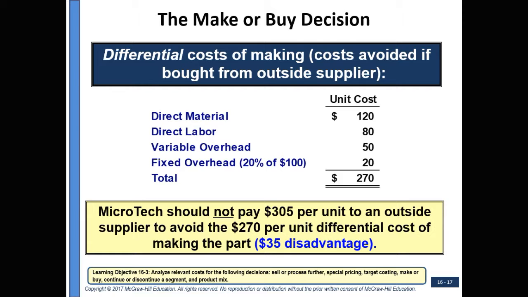This is less than the $305 per unit that they would pay the outside supplier. Microtech should not pay $305 per unit to the outside supplier to avoid $270 per unit differential costs for making the part. There's a $35 disadvantage. Now remember, this is because Microtech has no alternative use for their facilities.